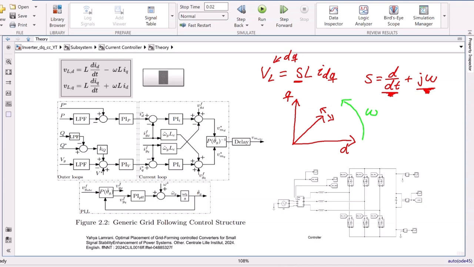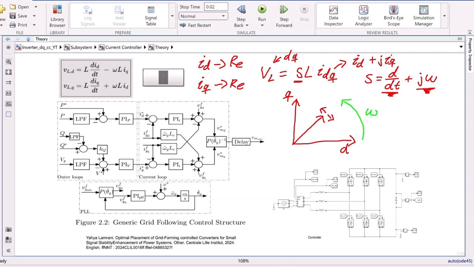So you also need to remember that ID is basically the real value, while IQ is the imaginary value. So you can decompose IDQ into the real value plus the imaginary value.